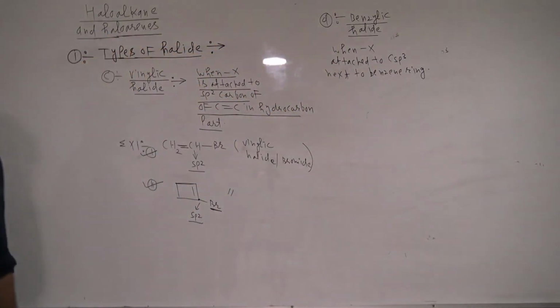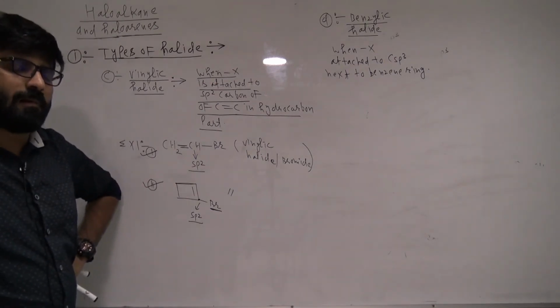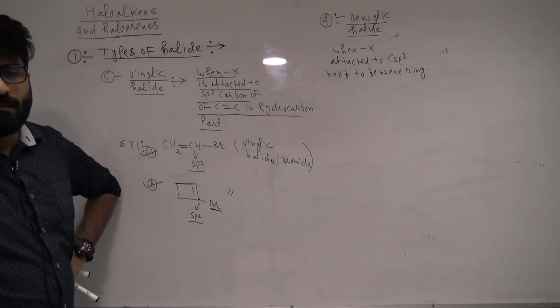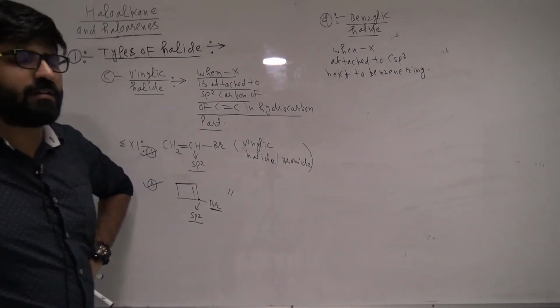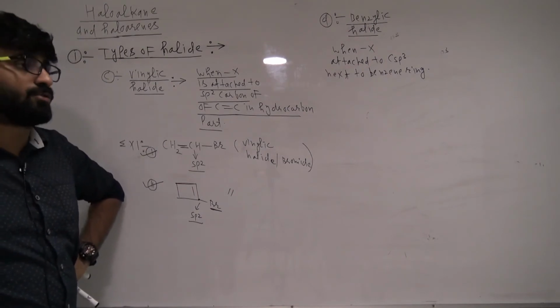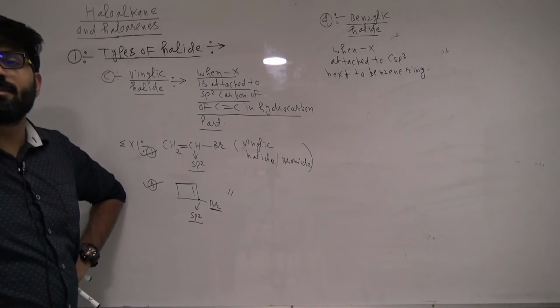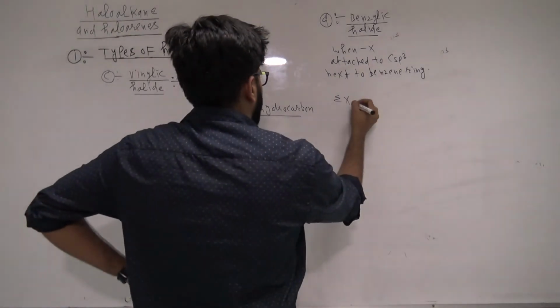Many students are confused: sir, when halogen is attached to an sp3 carbon, we call it alkyl halide. When halogen is attached to an sp3 carbon next to C double bond C, we call it allylic halide. But now if a halogen atom is attached to an sp3 carbon next to a benzene ring, I'll take one example.